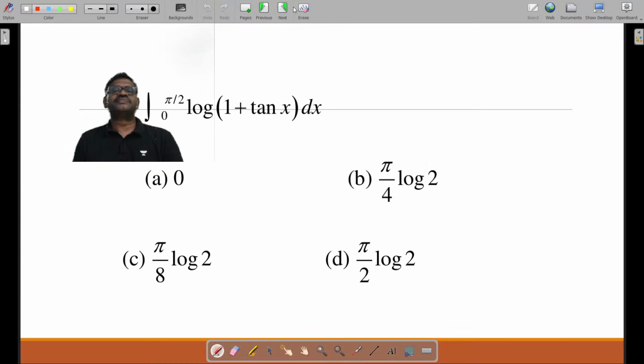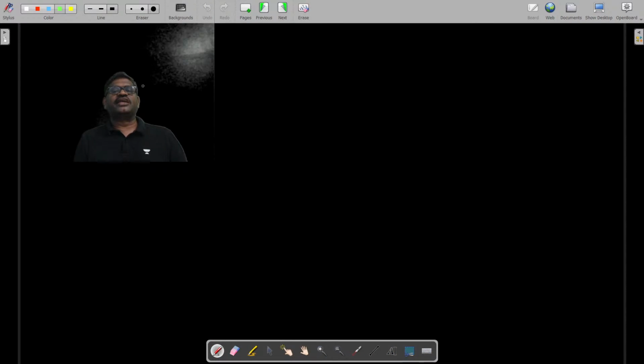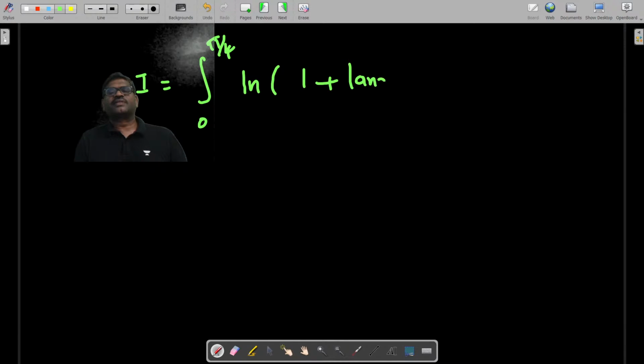Next problem. This is integral 0 to pi by 4 log 1 plus tan x dx. Same formula. I is 0 to pi by 4 log 1 plus tan x dx.